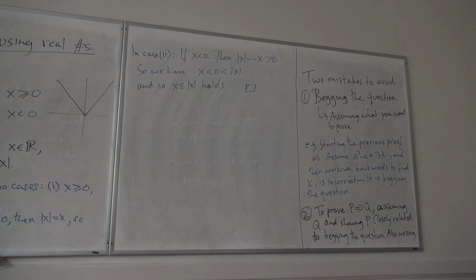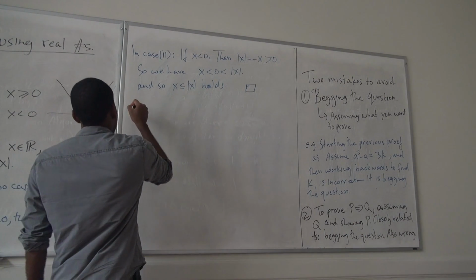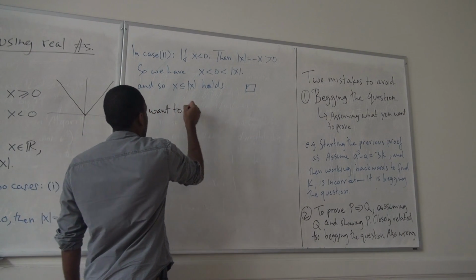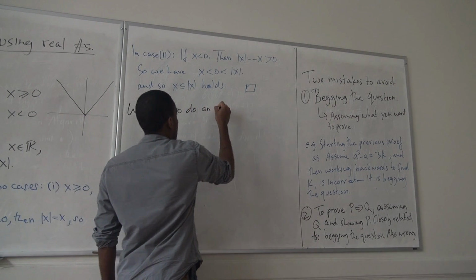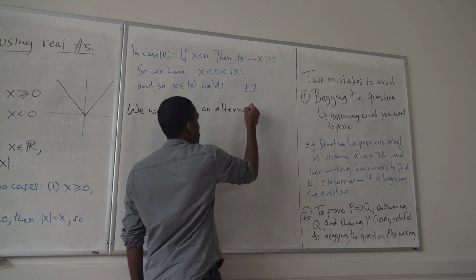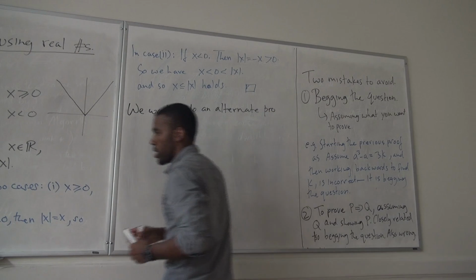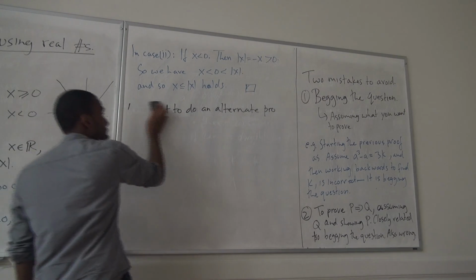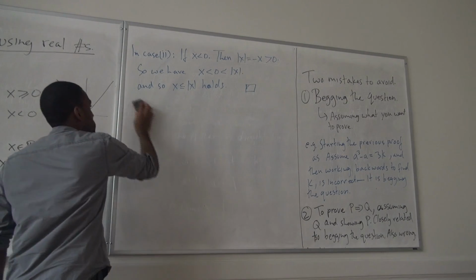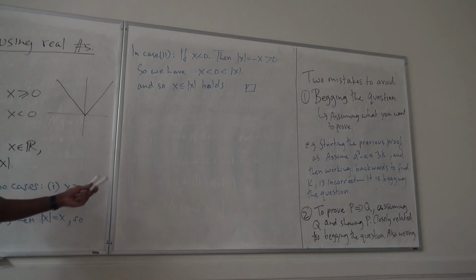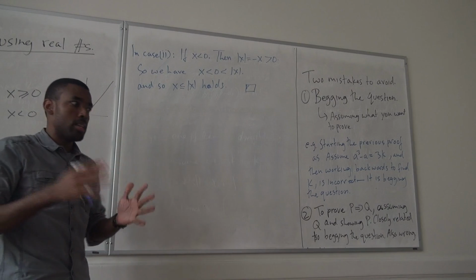For real numbers. What I want to do now is an alternate proof of the triangle inequality. In your textbook, they proved the triangle inequality, which I'm going to state pretty soon, but they did it by cases.